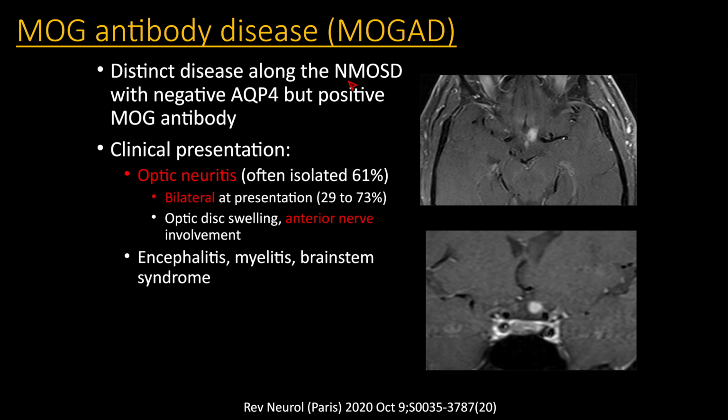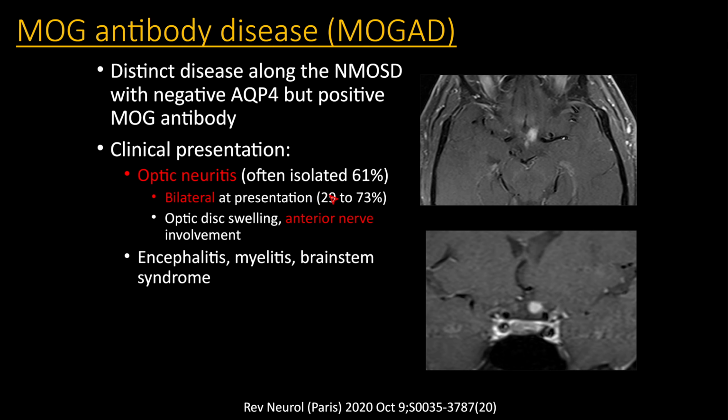Now, the clinical presentation of MOGAD is a little bit different from NMO. The most common presentation is actually optic neuritis. So this is predominantly an optic neuritis problem. It's often the isolated presentation, in about 61% of the cases. One unique thing about MOG is it's very frequently bilateral at presentation, anywhere in the literature from 29 to 73%.